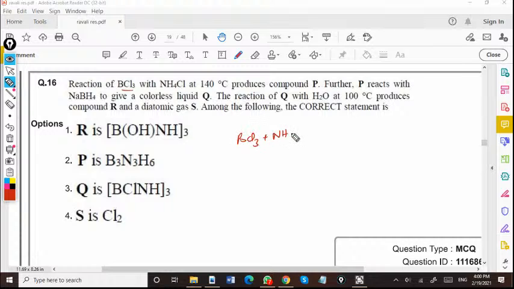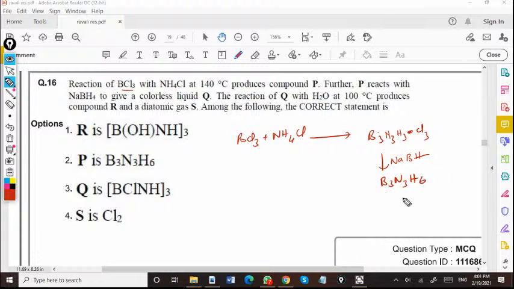BCl3 with NH4Cl at 140 degrees centigrade is going to give B3N3H3Cl3. This on reduction with sodium borohydride is going to give the product borazole, B3N3H6.